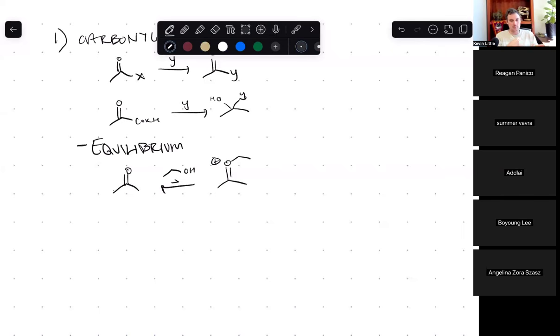So in order to bypass that, in order to add this alcohol into this carbonyl, if that's what we wanted to do, we need to add excess, right? Le Chatelier's principle. So that's why we tend to get acetals when we add into these carbonyls, right?